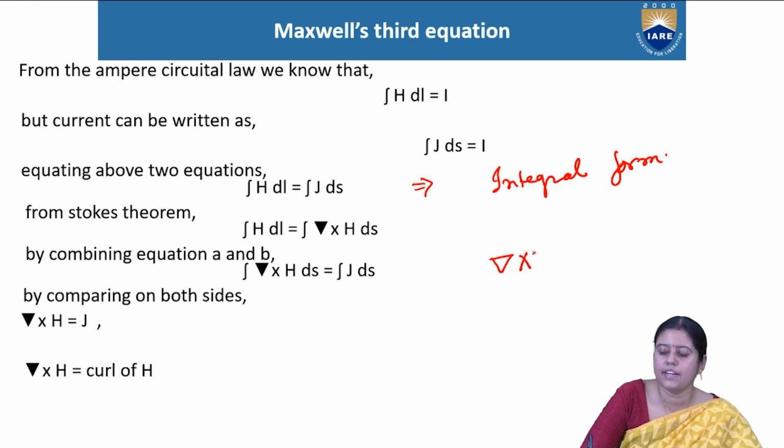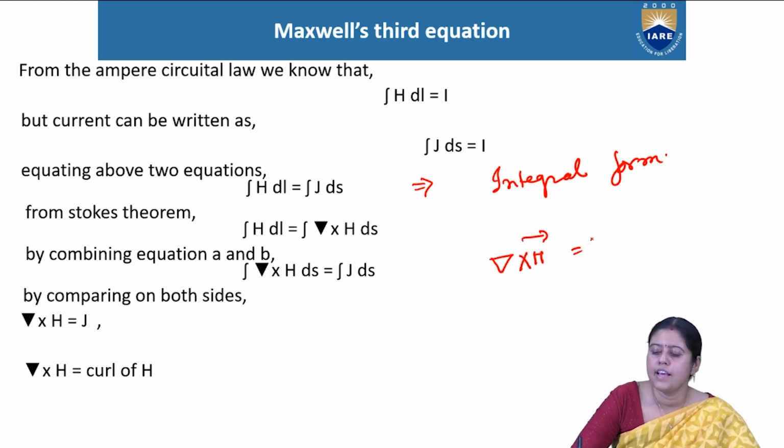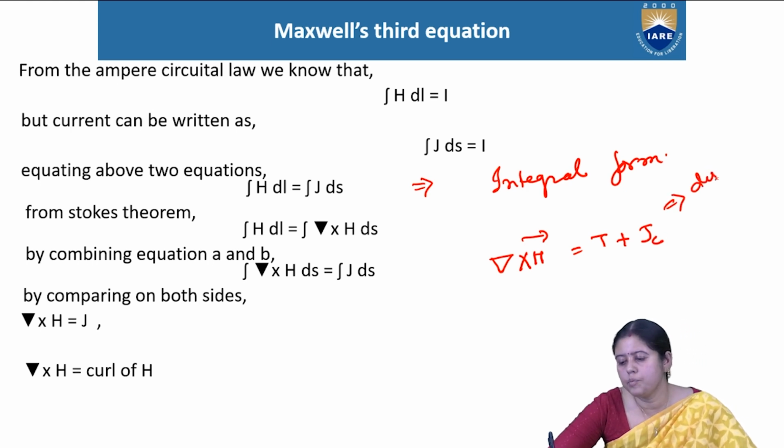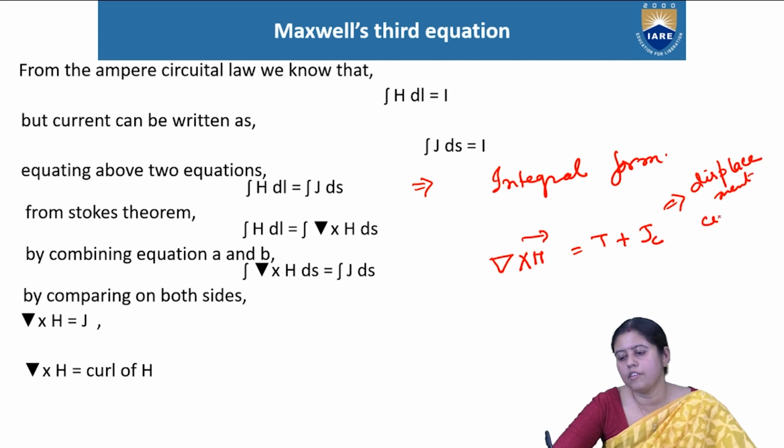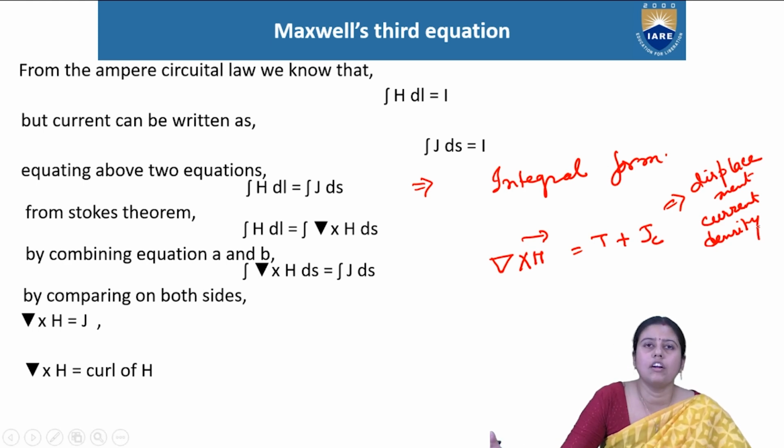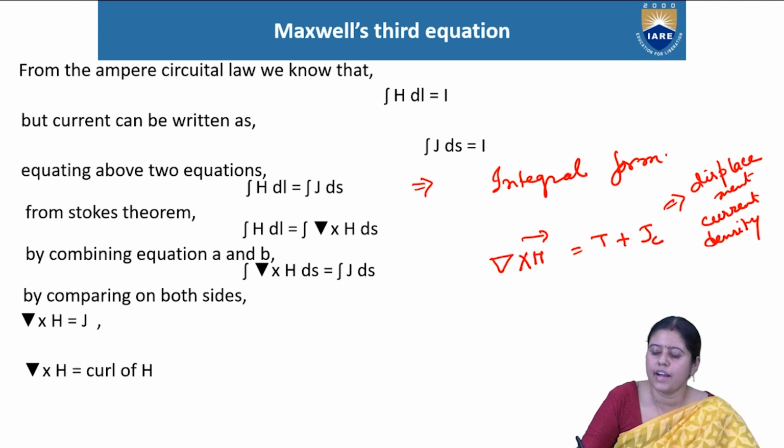But in the practical case, it is J plus JC, where JC is the displacement or leakage current density. When current is flowing and there is some leakage current or displacement current in the medium, this is called the displacement current density.